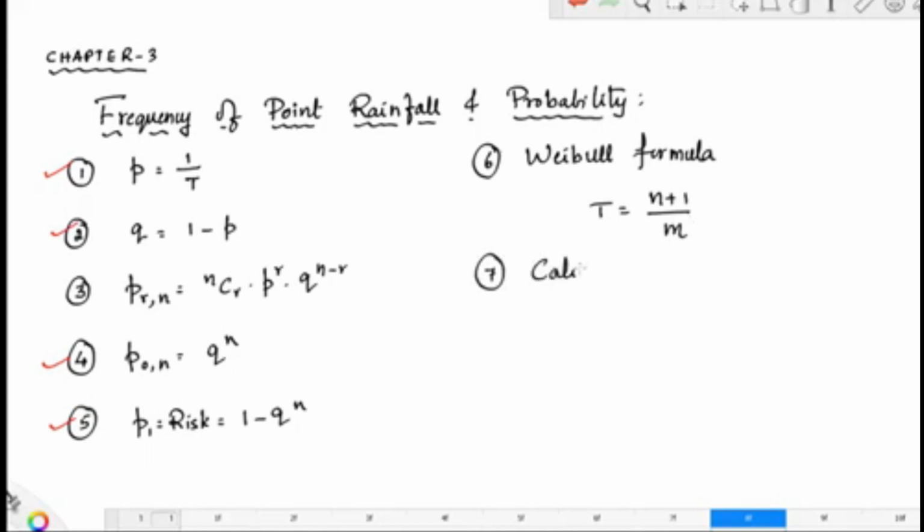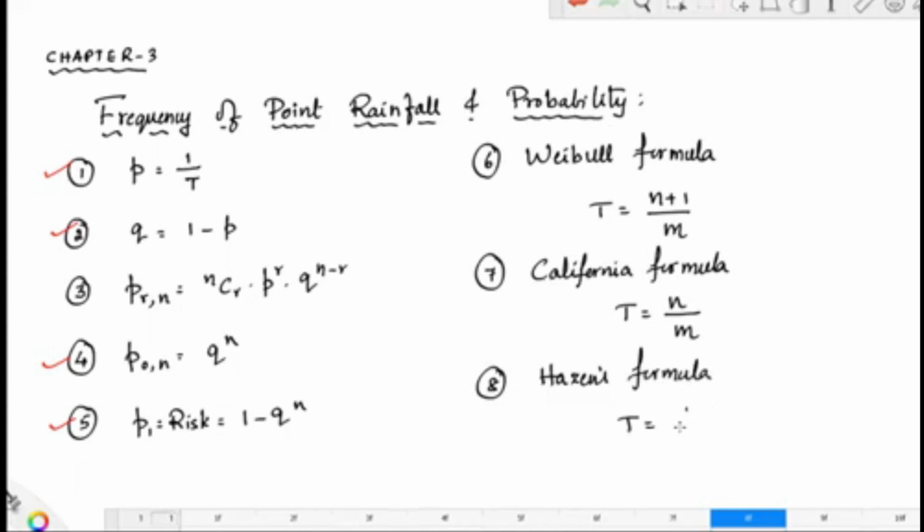California formula, T is equal to n divided by m. Hazen's formula, T is equal to n divided by (m minus 0.5). So these are the formula part which you are supposed to remember from chapter number 3.